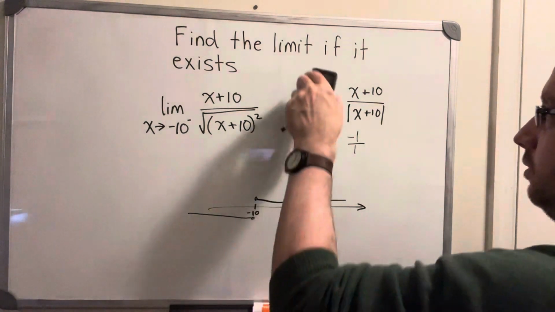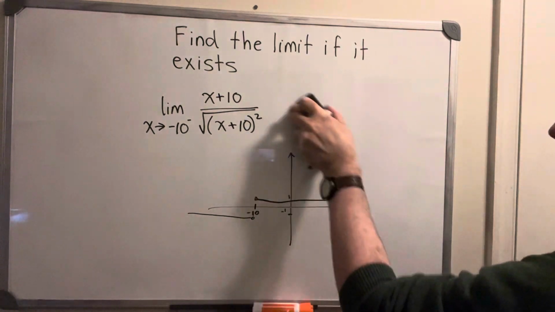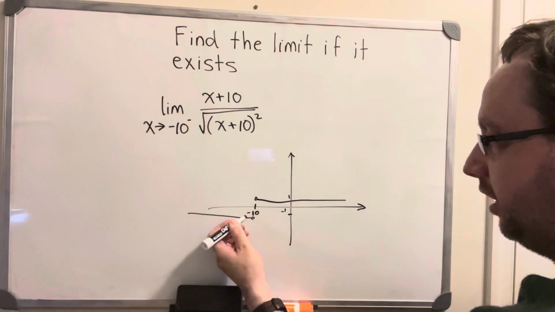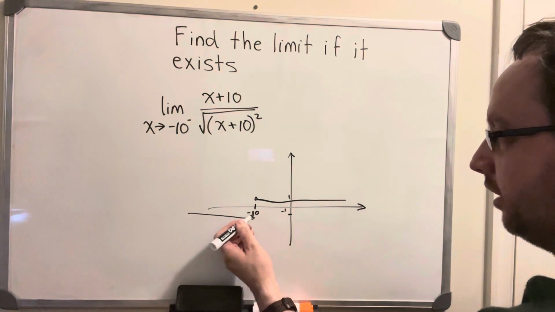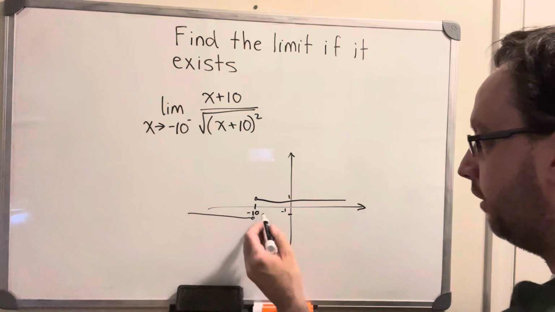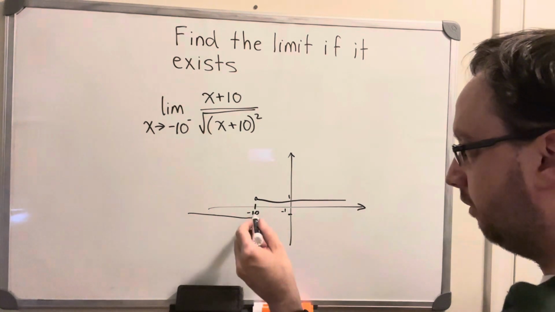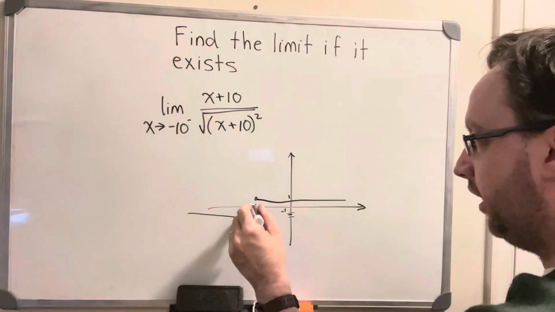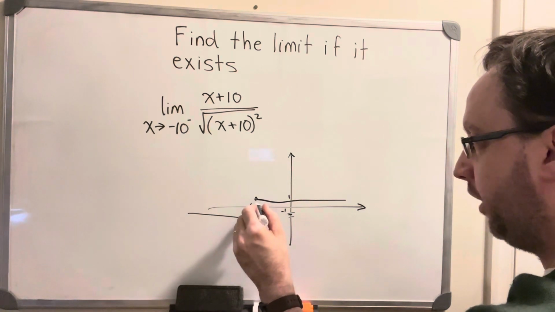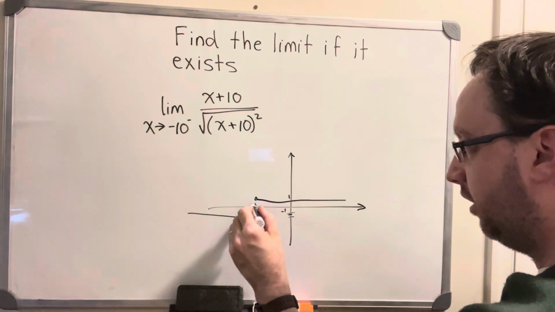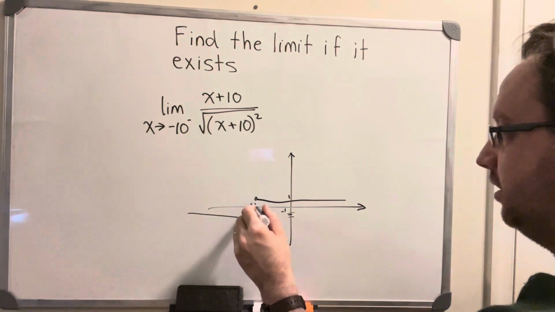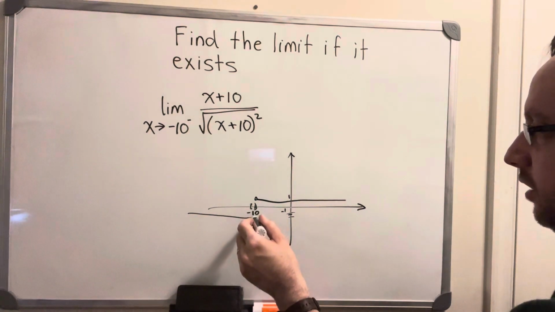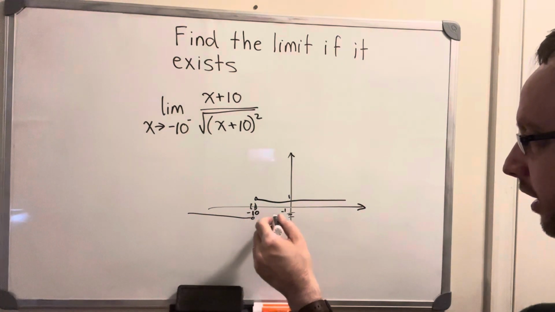So visually, if we're on the function coming from the left and we're approaching negative 10, for any value of epsilon, we can get in on this open interval between, but not including negative 10 and negative 10 minus delta. What is the value going to be within epsilon of?